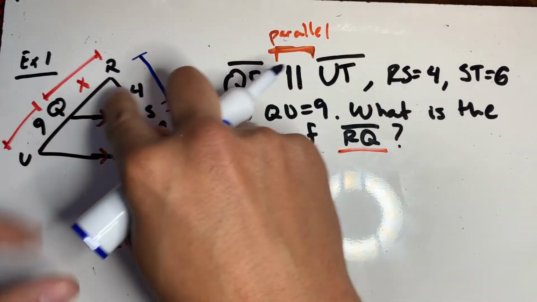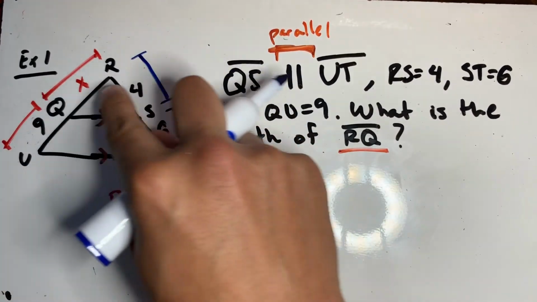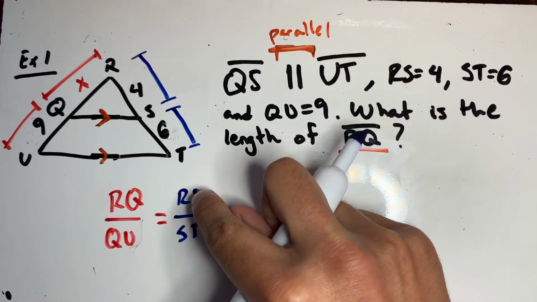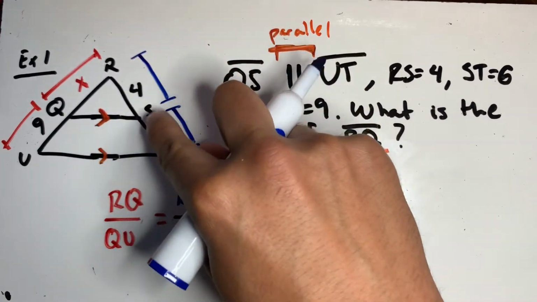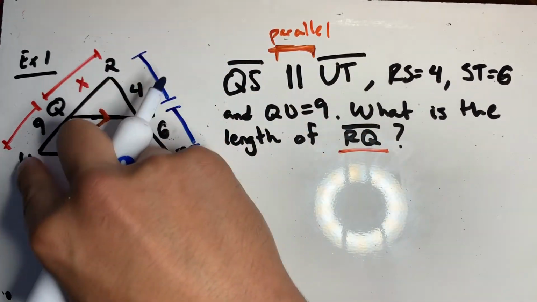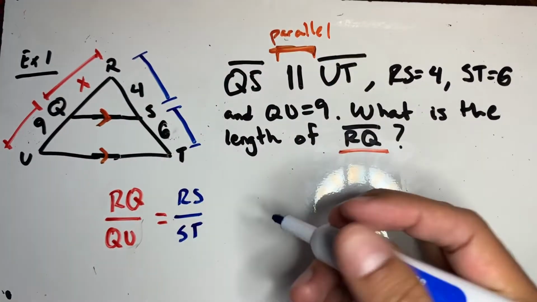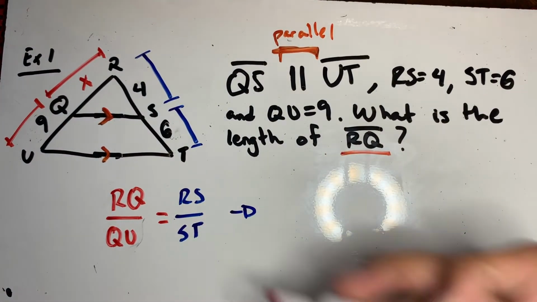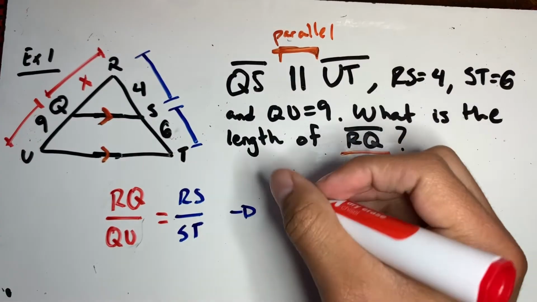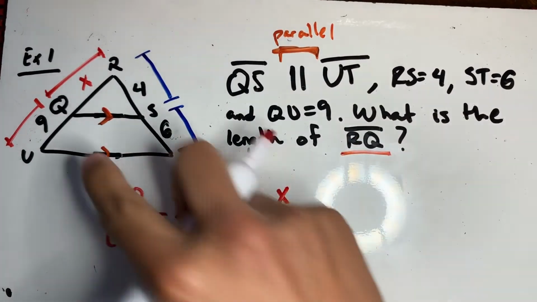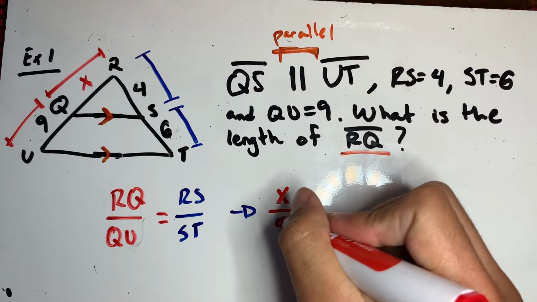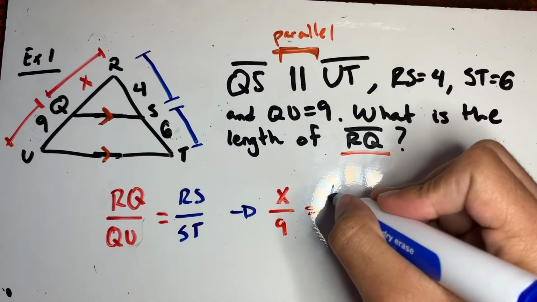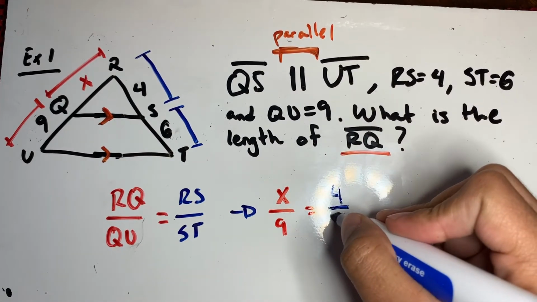So the opposites of each other, so like Q and the 4, they're going to be on the same line. Okay? So RQ, RS, QU, and then ST. And then now let's put in the actual numbers. So I'll do like a little arrow. So we don't know QR, that's going to be the X, over QU, which is 9, is equal to RS, which is 4, over 6.